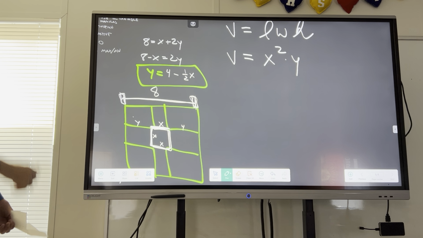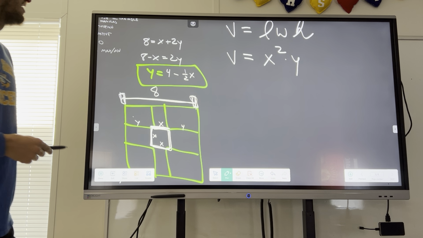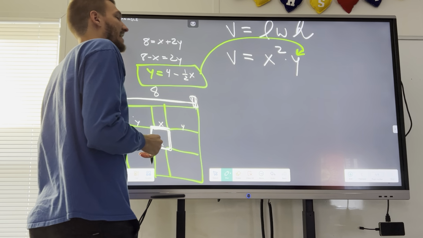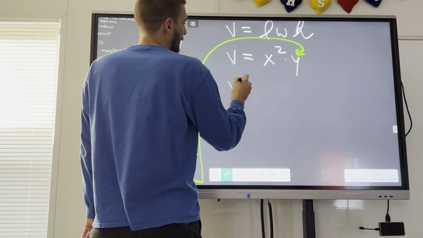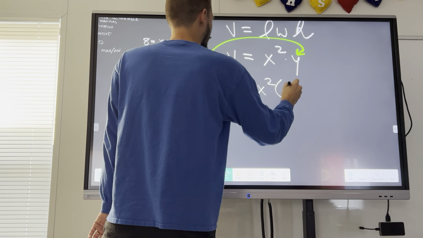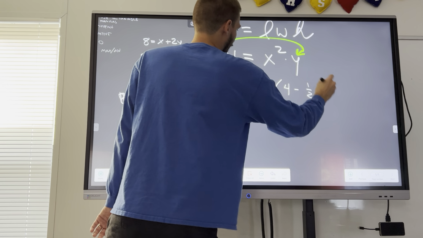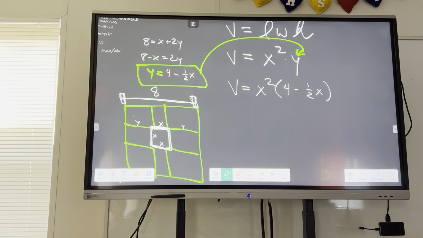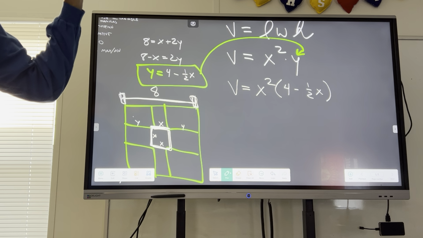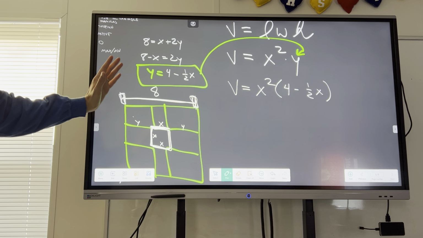Because I divided 8 by 2 and I divided x by 2. I think we're good. So now I'm going to do a replacement into that y. V equals x squared times (4 minus 1/2 x). And now everything is in one variable.